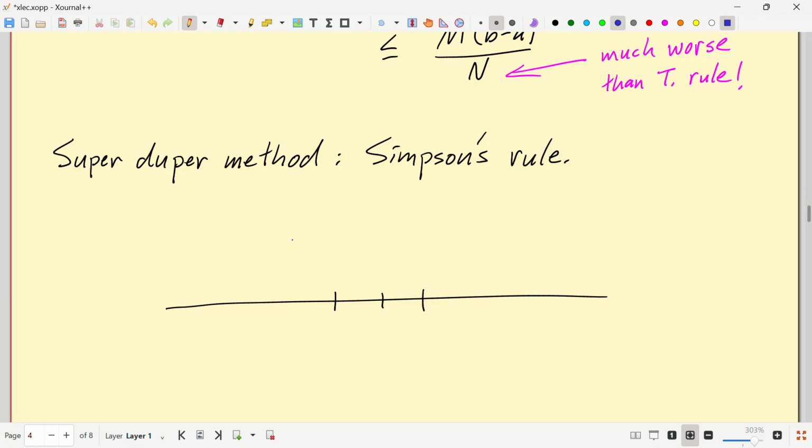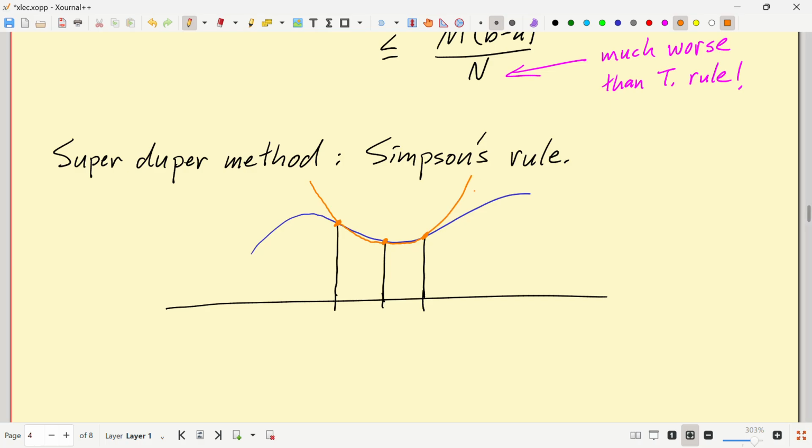This is going to be a curve, and then I'm going to have 3 points here. And it turns out that 3 points determine a parabola. So there's exactly one parabola that goes through those 3 points.